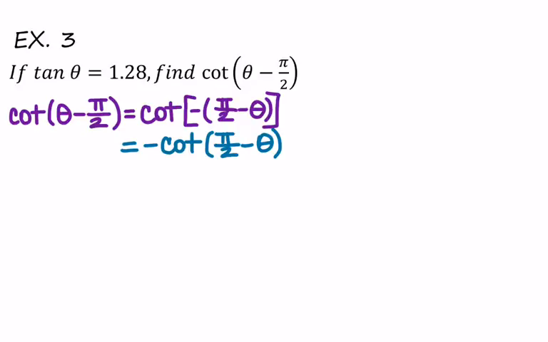Okay, so that was using the even-odd identities. Now going back to the cofunction identities, cotangent of pi over 2 minus theta is actually equal to tangent. So I substitute tangent for cotangent of pi over 2 minus theta. Well, they gave me what the tangent value is equal to. It is 1.28. So that means that this angle is actually equal to negative 1.28.